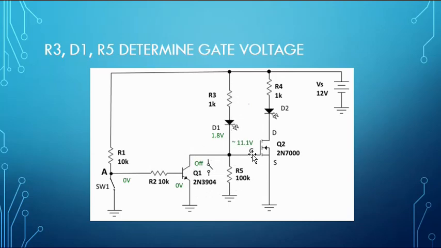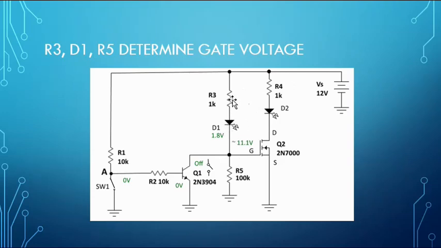The gate resistance for a MOSFET is very high. It's going to be like 10 megohms, which is so large we can ignore it. So let's take a look at what we have here. The LED typical forward voltage is about 1.8 volts. So if I start with 12 volts and subtract 1.8, I'll get about 11.2 volts.